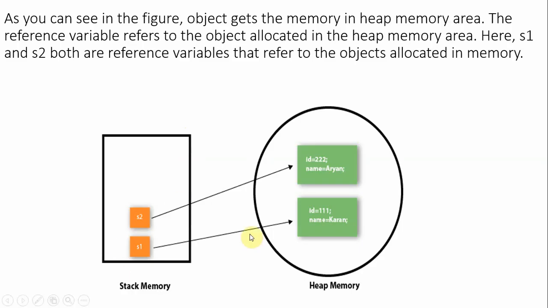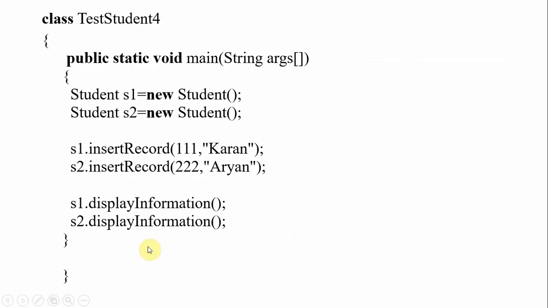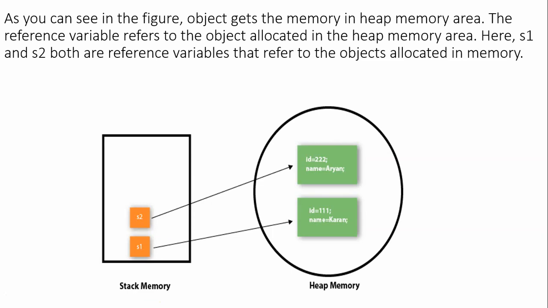This is the diagrammatic representation of how the memory is allocated for a reference variable as well as an object. So s1 and s2 initially are reference variables and temporary variables. They are actually stored in stack memory in the LIFO manner. First s1 is created and after that s2 is created. So they are stored in LIFO, last in first out.